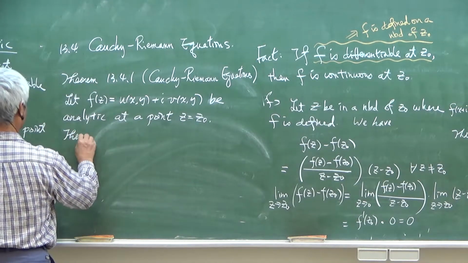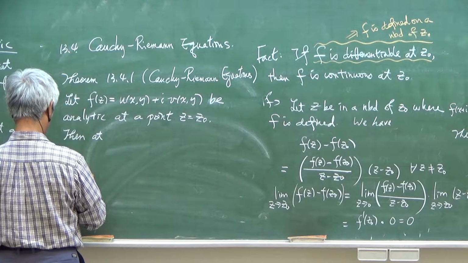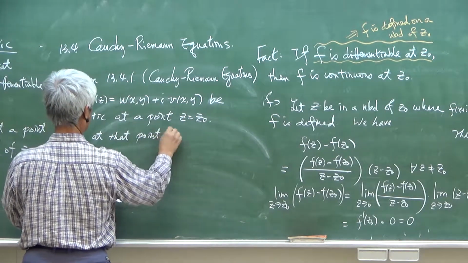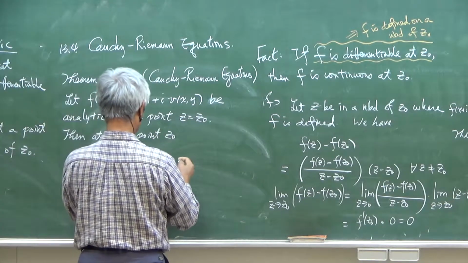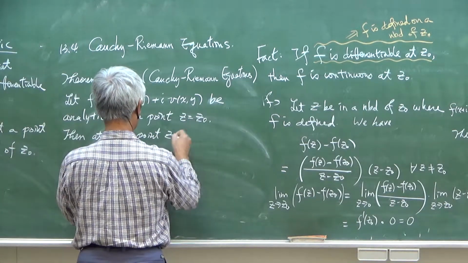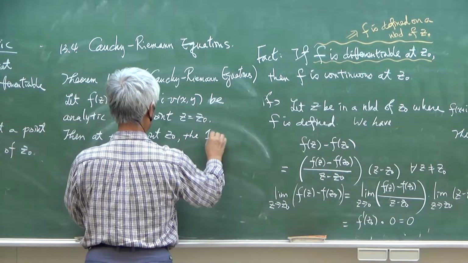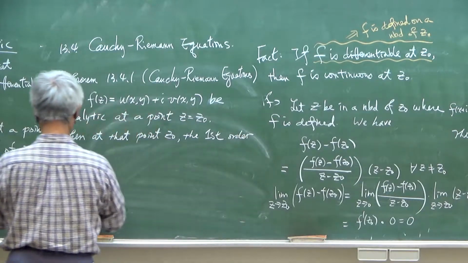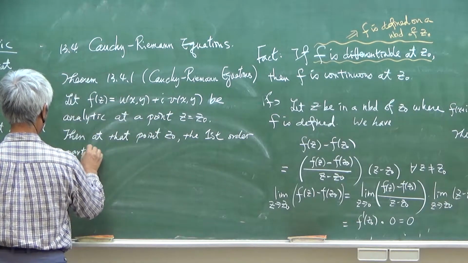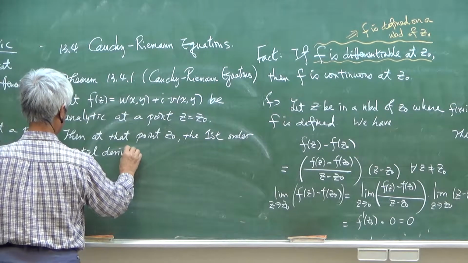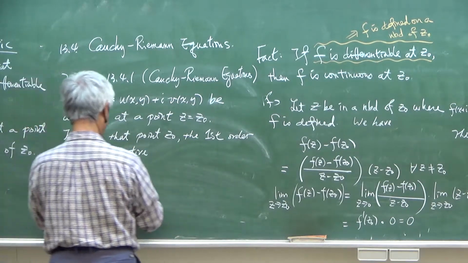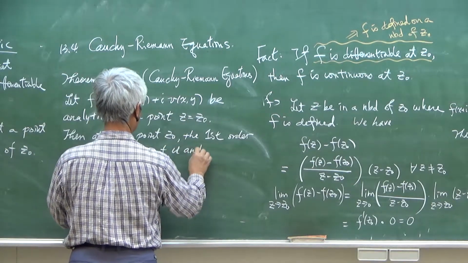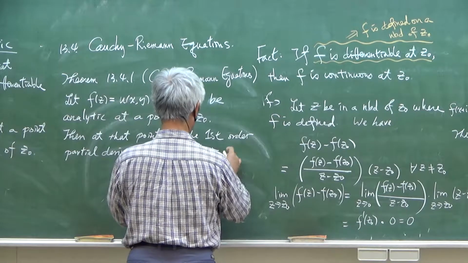Then at that point z0, the first order partial derivatives of u and v exist.